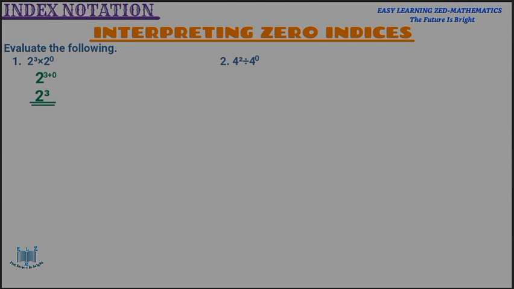Now let's take note of these two important things. The product we have gotten is 2 to the power of 3, and the number in the expression is also 2 to the power of 3. So the number we multiplied by 2 to the power of 0 is the same as the product.